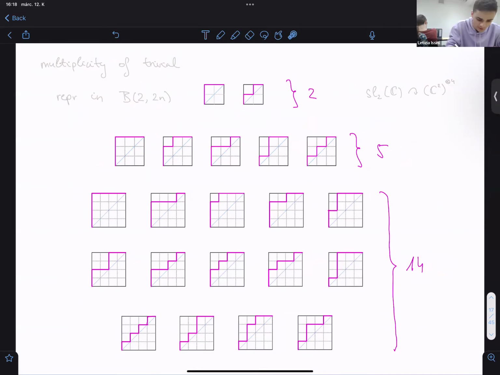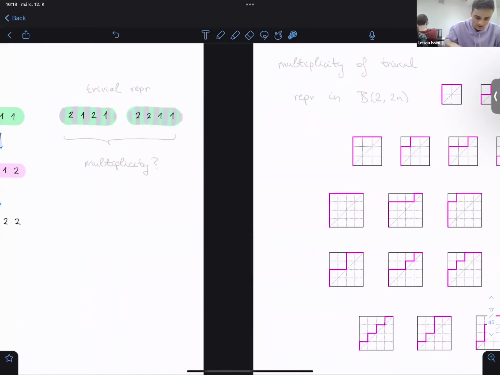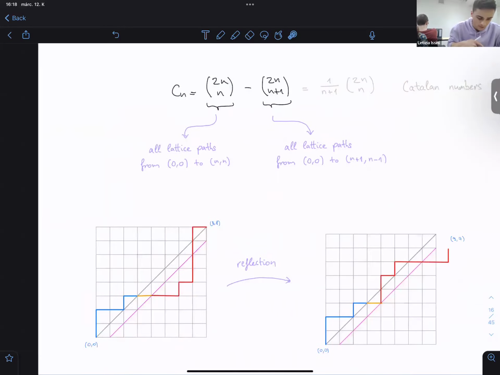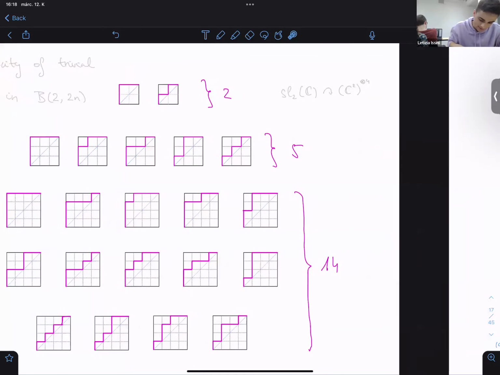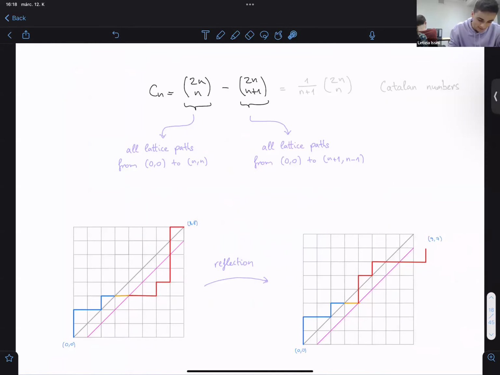So for a 2x2 grid, we have 2 Dyck paths, like on the previous picture. For a 3x3 grid, we have 5 of them, and for a 4x4 grid, we have 14 of them. And in general, they can be counted in a pretty nice way by looking at all paths first.